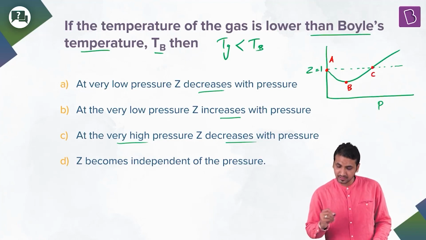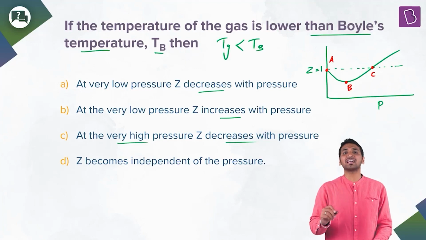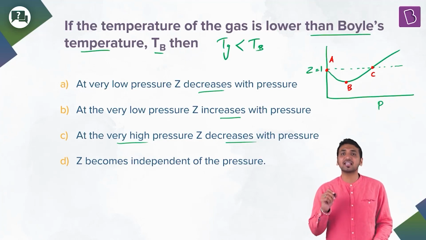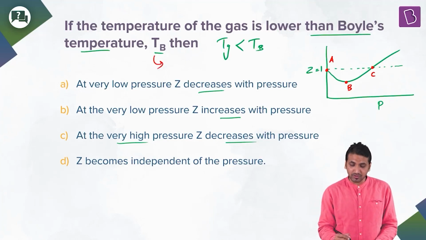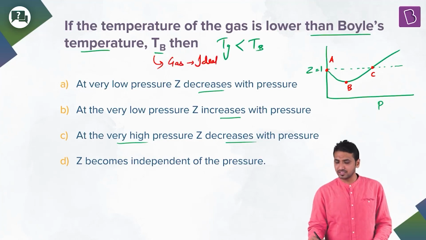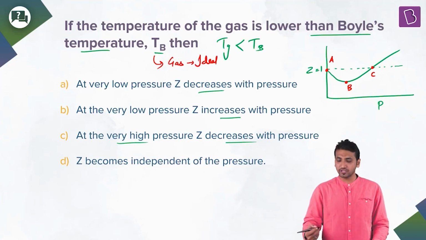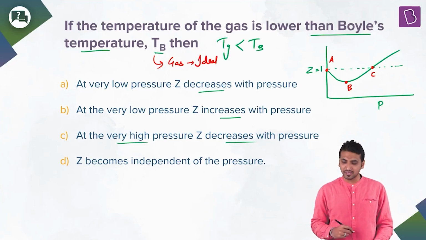Point C is where the gas actually behaves like an ideal gas. So what is Boyle's temperature basically? Boyle's temperature is that point where gas behaves like an ideal gas. So the temperature corresponding to point C might be Boyle's temperature.